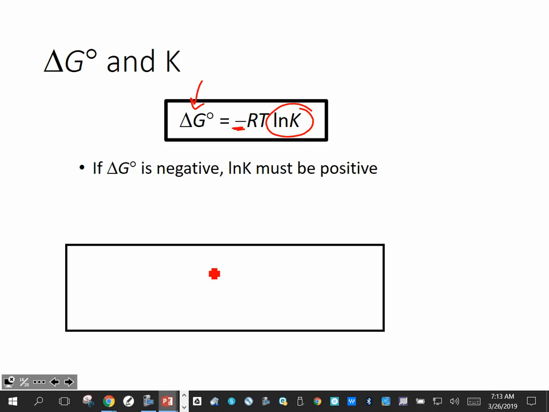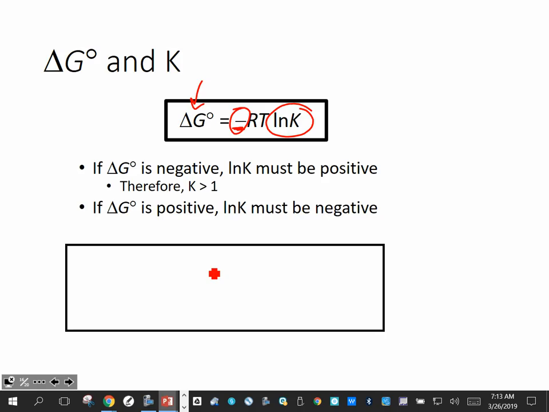Well, if you're taking the natural log of something, the only way to have it wind up being a positive value is if your K value is greater than 1. So if you take the natural log of something that's greater than 1, you're going to get something positive, which then when you negate it in the equation, you're going to wind up with a negative value for delta G. And then likewise the reverse.